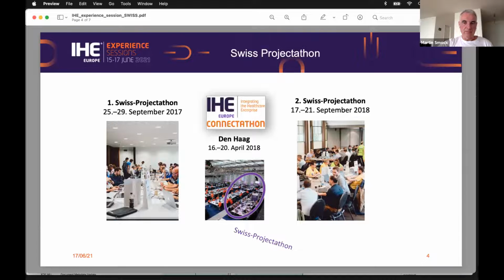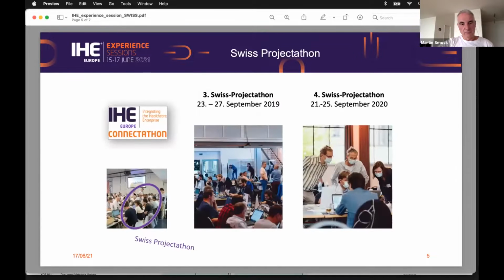Then again a Swiss Projectathon in 2018. Then again in Rennes, we used the opportunity to make it a part of the European Connectathon. And then we had 2 Swiss Projectathons in 2019 and 2020. So it's established now that we have a 1-week Projectathon every year in Bern.